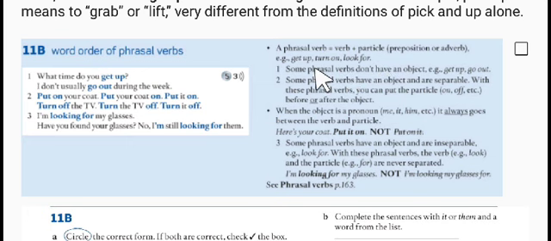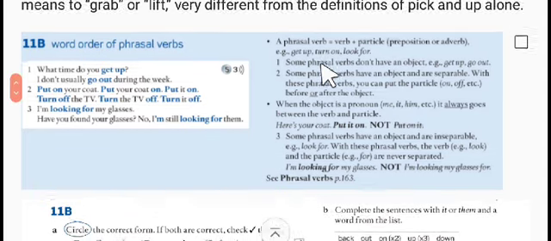If we define these words separately, they give separate and different meanings, but together they simply give another meaning that is very different from the original meaning.